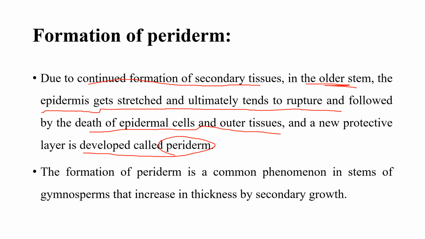So during the secondary growth, the primary outer layer or epidermis gets degraded or ruptured and dies, and a new protective layer is formed in the place of the primary epidermal layer. The formation of periderm is a common phenomenon in the stem of gymnosperms that increase in thickness by secondary growth.